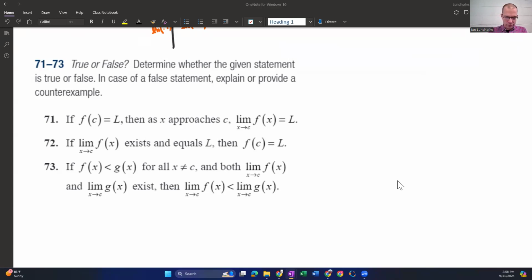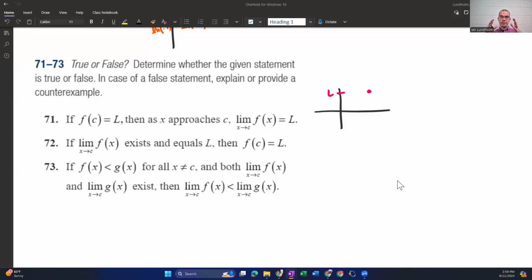For this one, we've got f of c is equal to L. So what that means is that we have some y value L, and our function hits that y value of L. Does it mean that the limit also hits L?